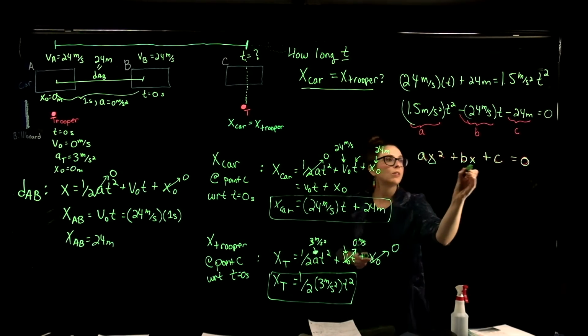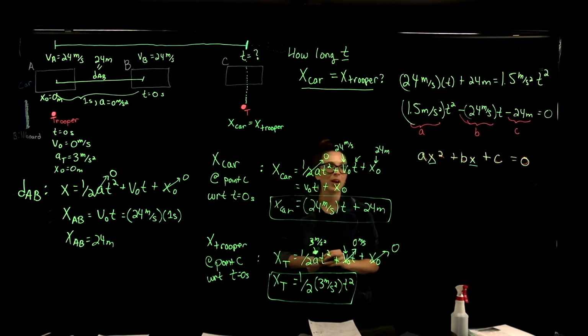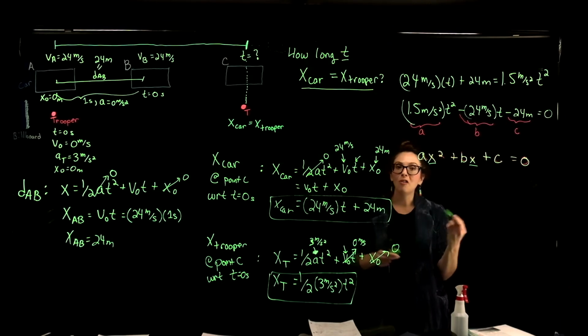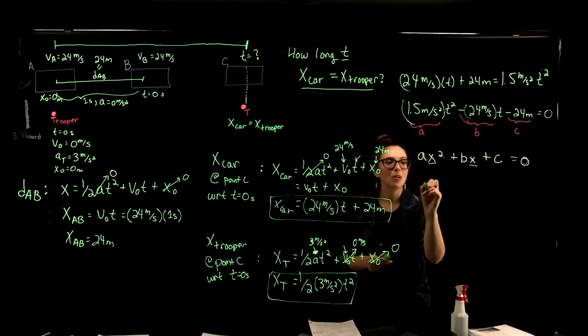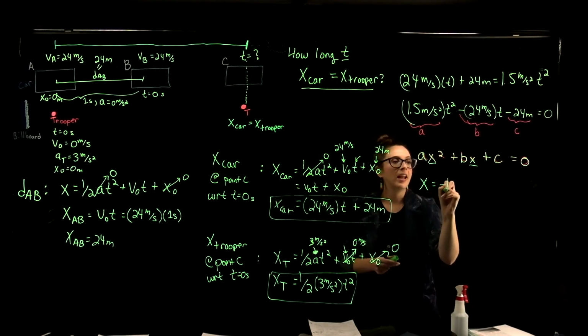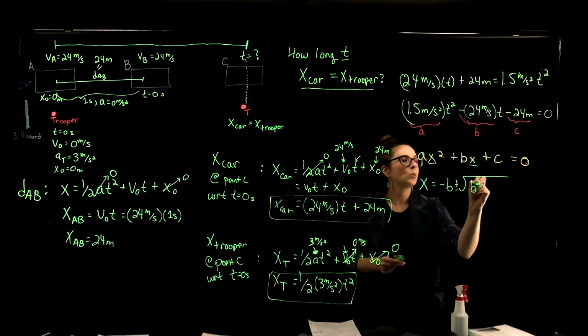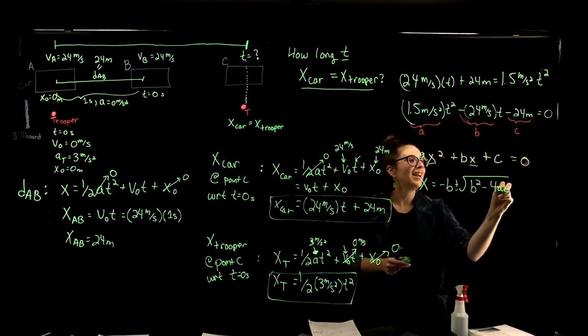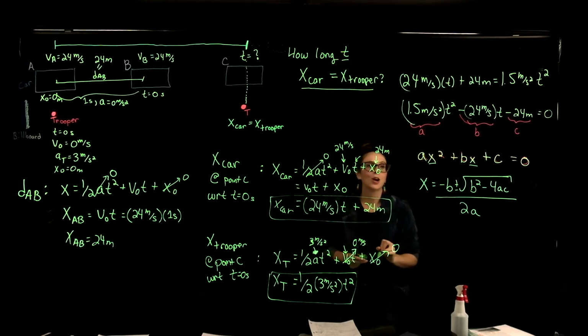Okay, so the x, that's our unknown, that's our variable that we're trying to solve for. To solve for a quadratic, you use the quadratic formula. And so the quadratic formula is x is equal to negative b plus or minus the square root of b squared minus 4ac all over 2a. Okay, that's our quadratic formula.